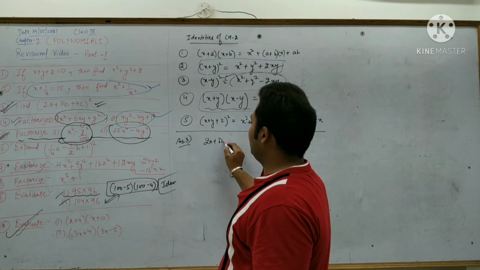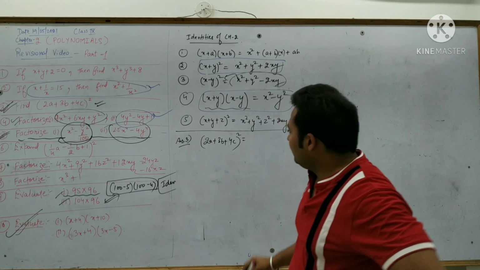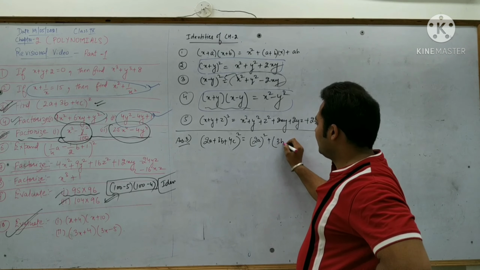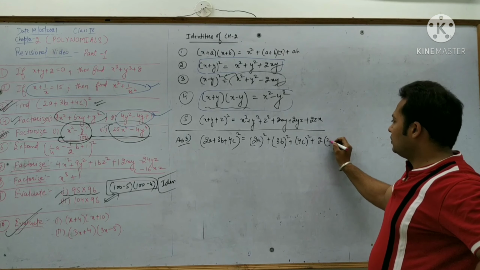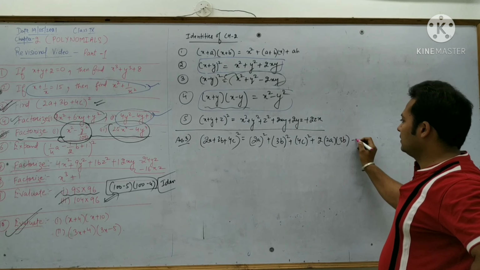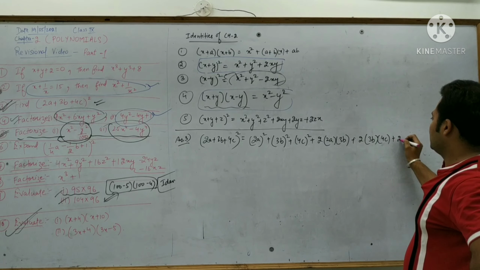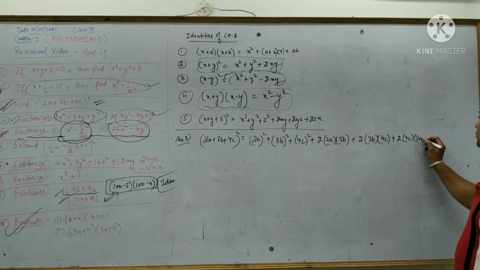2a plus 3b plus 4c whole square. It will be equals to first number the square, second number the square, third number the square, 2 into first two numbers, 2 into next two numbers, 2 into last one and the first number, that is 2a.